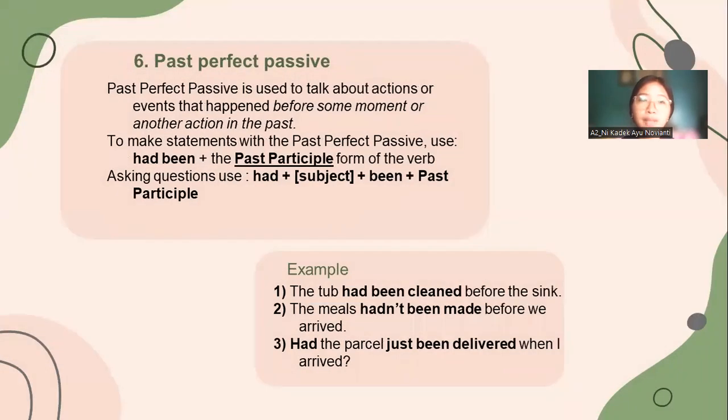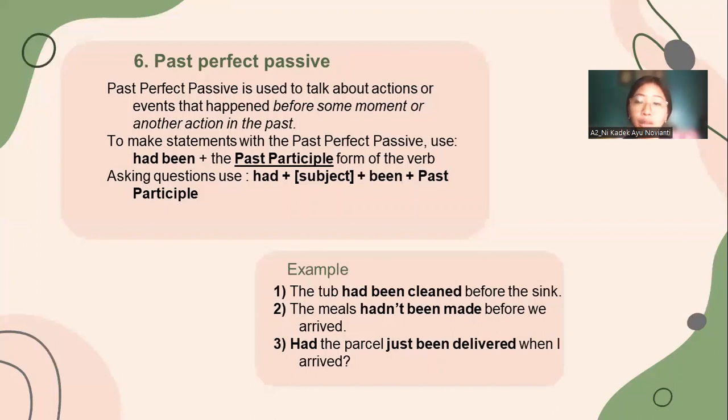Number 6 is past perfect passive. Past perfect passive is used to talk about an action or event that happened before some moment or another action in the past. To make a statement with the past perfect passive, you can use had plus the past participle form of the verb.